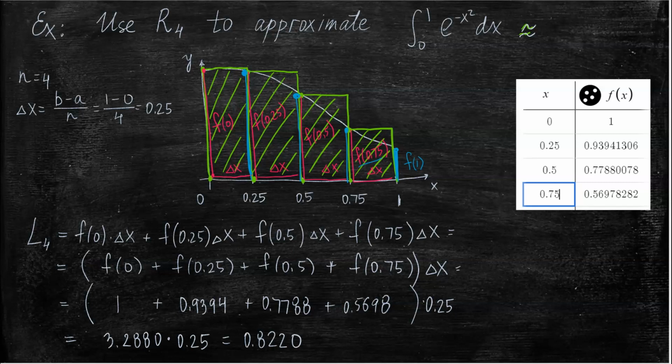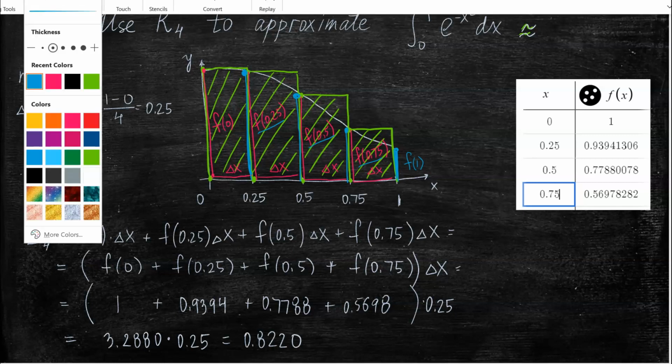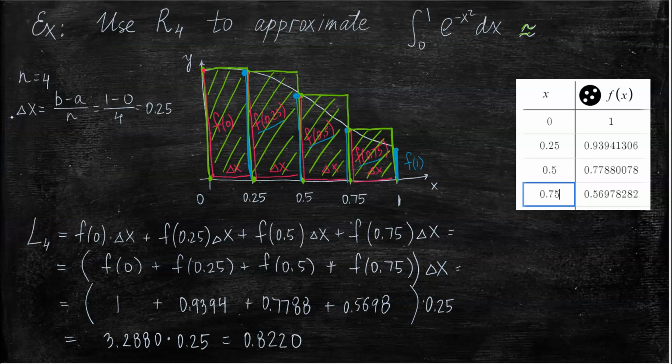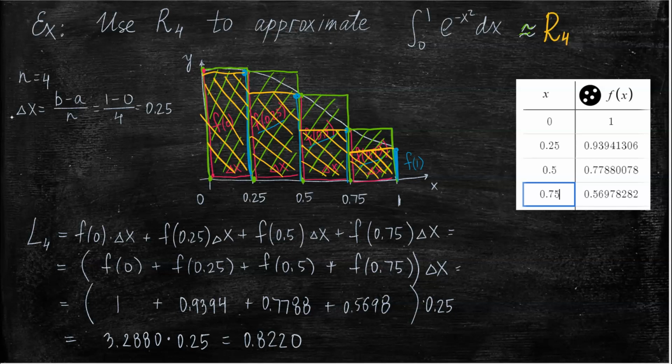And the other values will be exactly the same. Now we're going to draw the rectangles, and I'll just draw them using orange. So the area of the 4 rectangles shaded in orange is what R4 is.